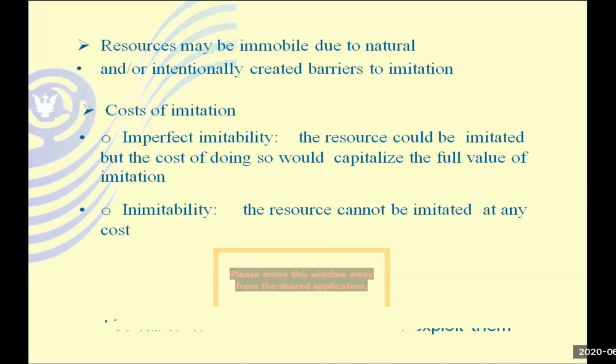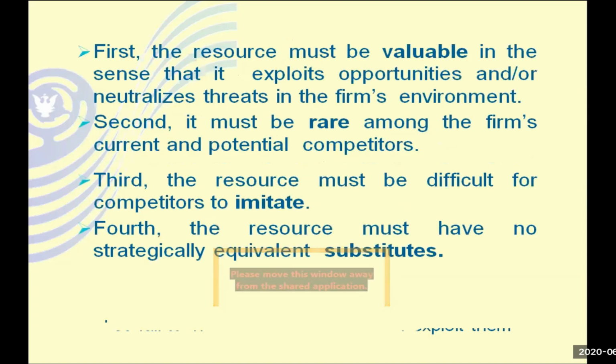Therefore, it's not easy to imitate them. It's what we call cost imitability and inimitability. Cost imitability means that the resources cannot be imitated because of the cost of the resources. When you talk about imitability, it means they cannot be imitated physically by the competitors, and therefore they continue being strategic resources.